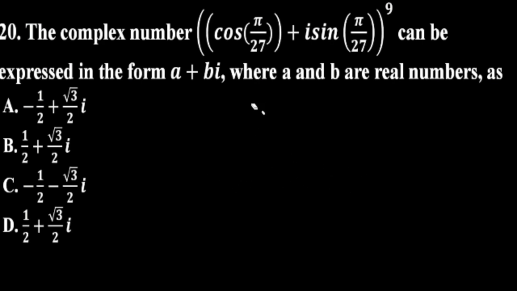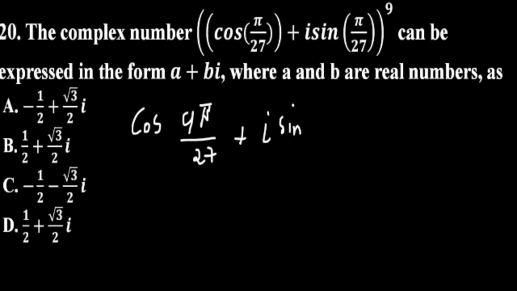So now applying that, we're simply going to get our complex number to be cos of, bringing down 9, 9 pi divided by 27, plus i sine of 9 pi divided by 27.